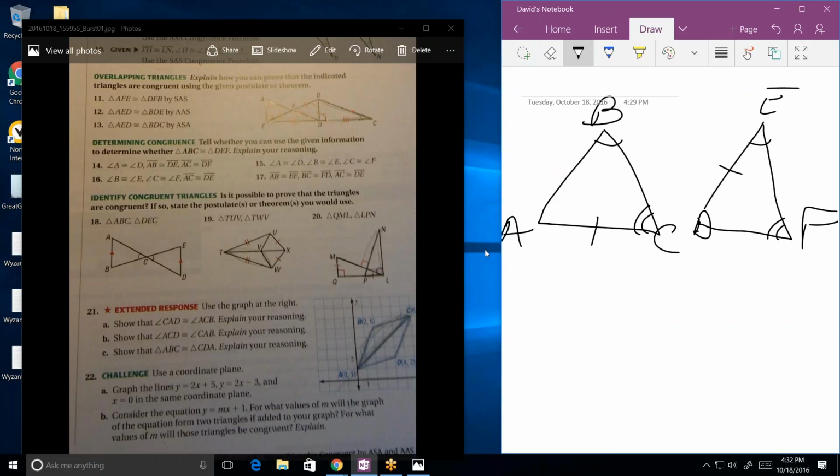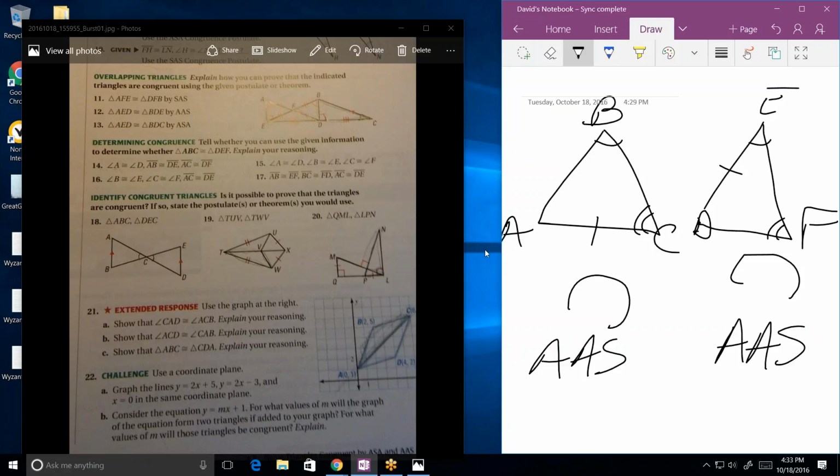Yep. No, I'm agreeing with you. Yeah, but wait, why? In other words, it has to be angle, angle, side going in the same direction. If I go in this direction, I get angle, angle, side. But to get angle, angle, side up here, I got to go in the other direction.